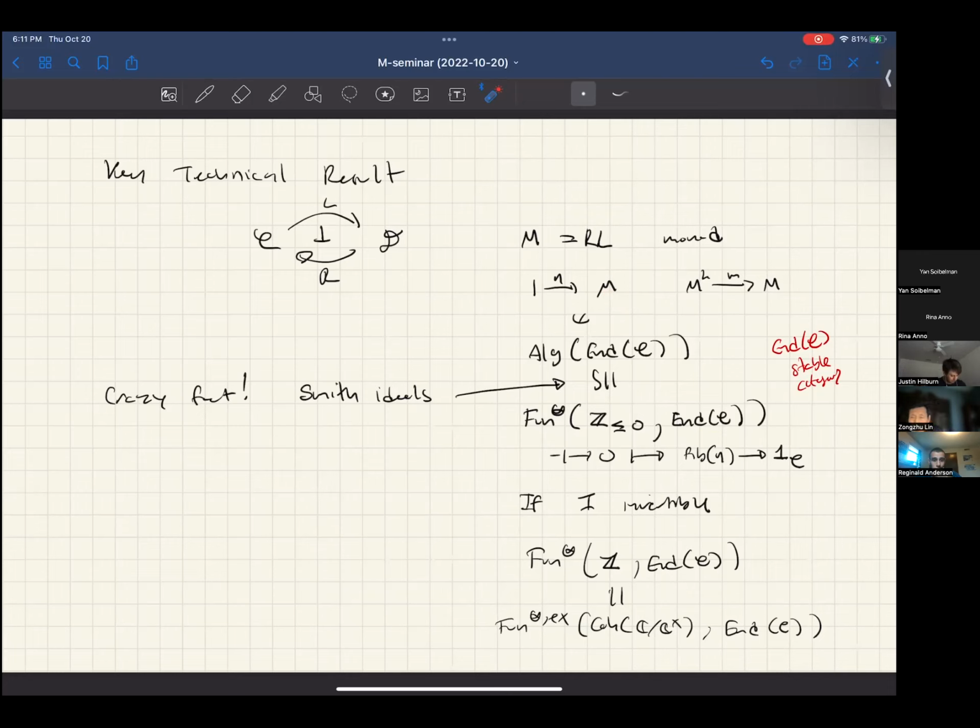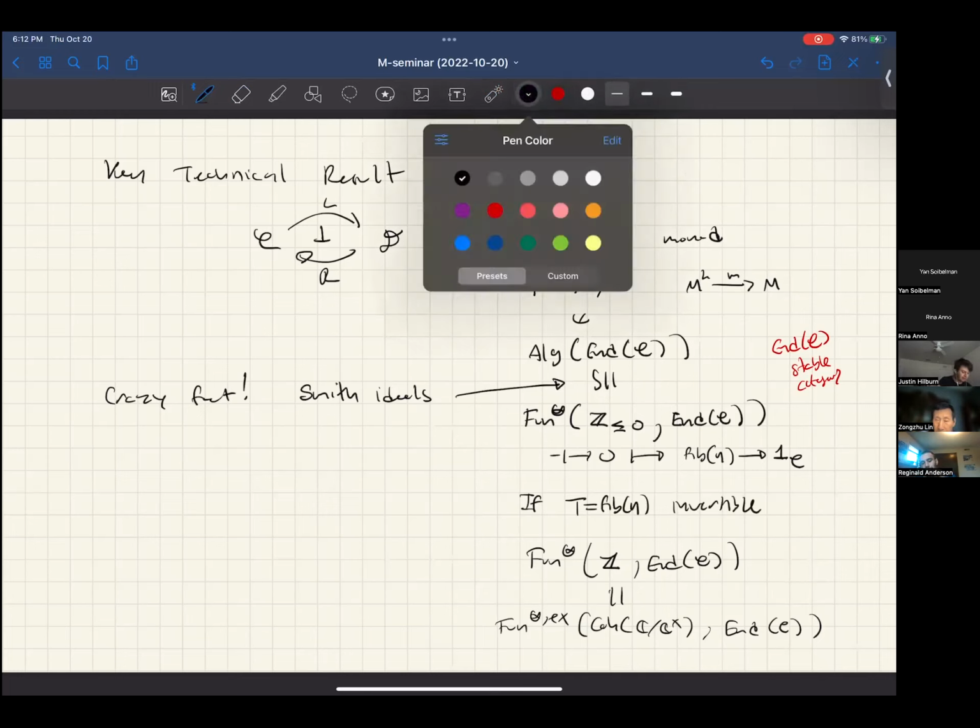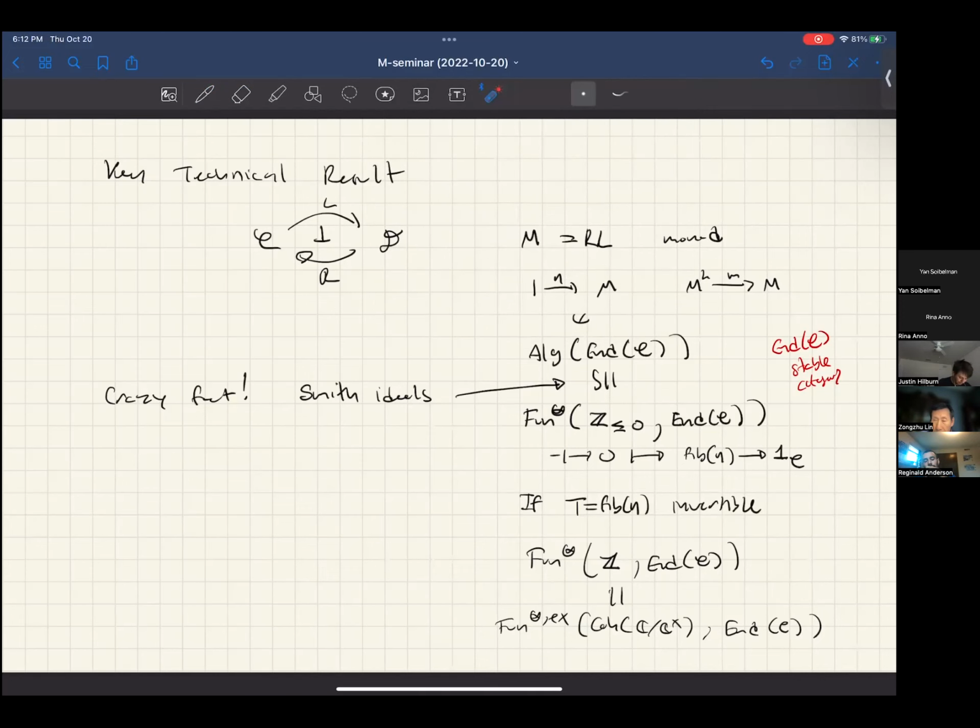And then moreover, if you're actually in the spherical setting, where you ask for your twist, which is the fiber of eta, to be invertible, then you can extend your tensor map from the non-positive integers to all integers, thought of as a partial order.